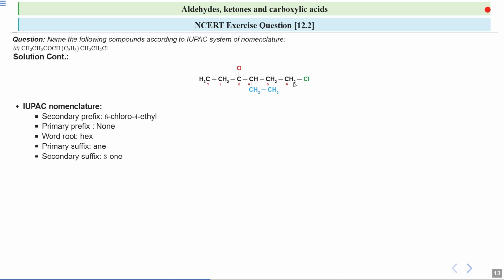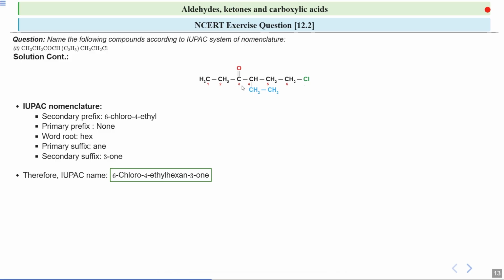Next, the secondary suffix. If you see the main functional group over here, you will see a ketone on the 3rd carbon. So there is a keto group at the 3rd position. The secondary suffix will be 3-one. This 3 indicates the position of this functional group.